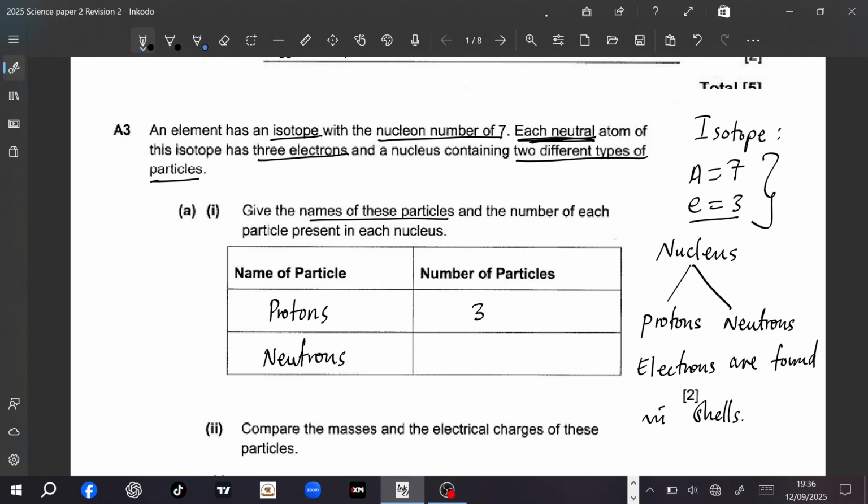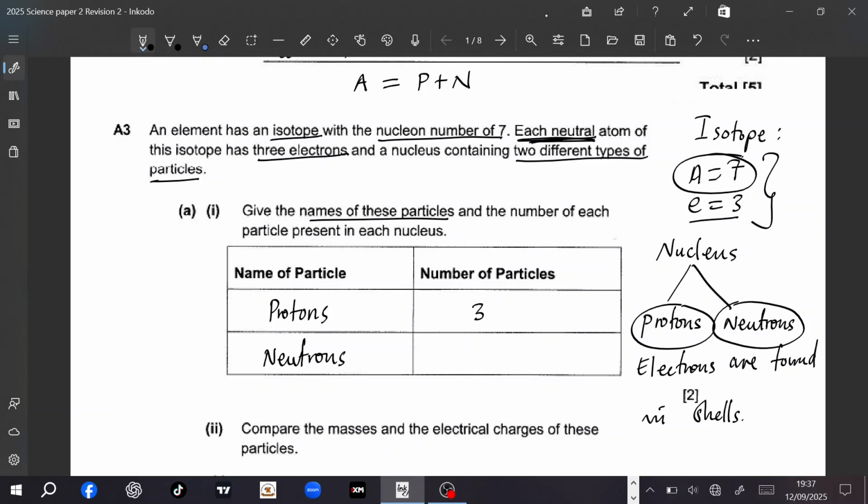How about neutrons? We must know that neutrons are found in the nucleus. When you add neutrons and protons, you find what we call the nucleon number or mass number. So nucleon number, which is mass number A, is a combination of protons plus neutrons.